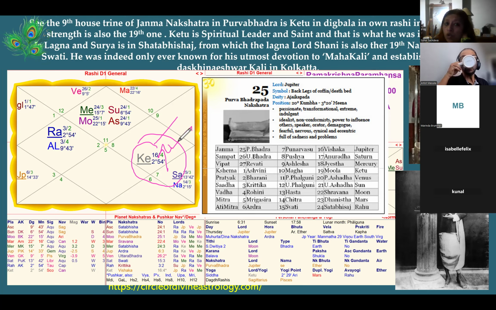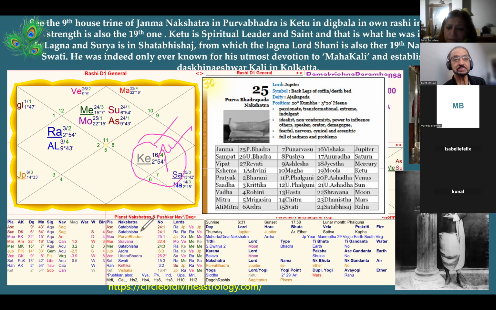So you see, both Vivekananda Swami, who was his disciple of Ramakrishna, both of them had from their moon the Bhagya Nakshatra as Ketu. How brilliant is that? Don't you think?